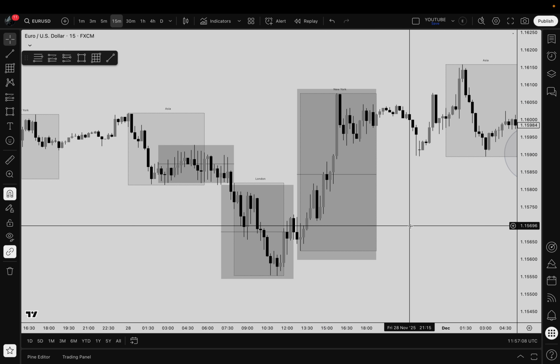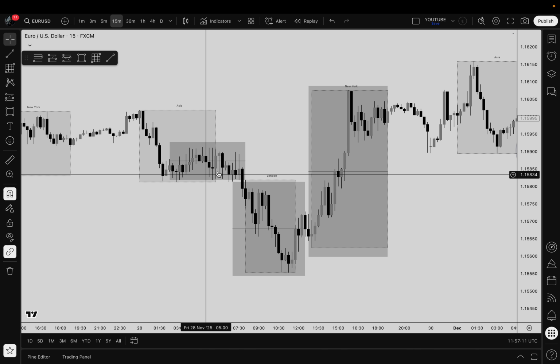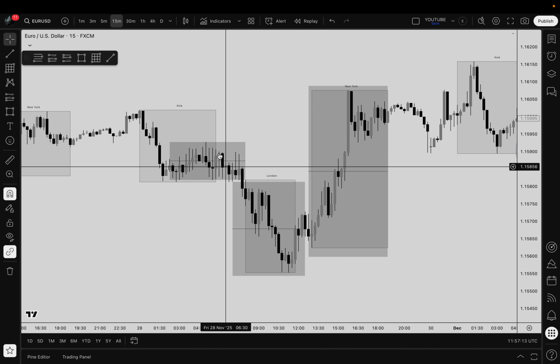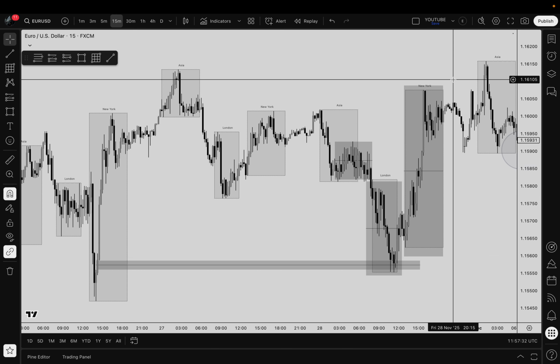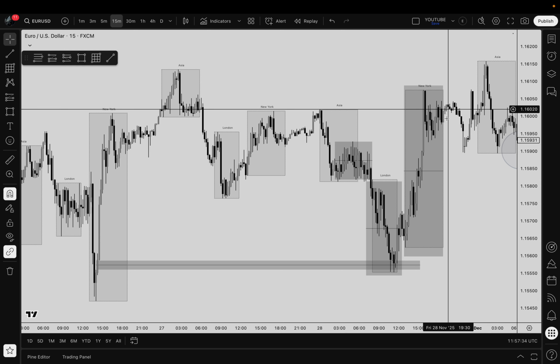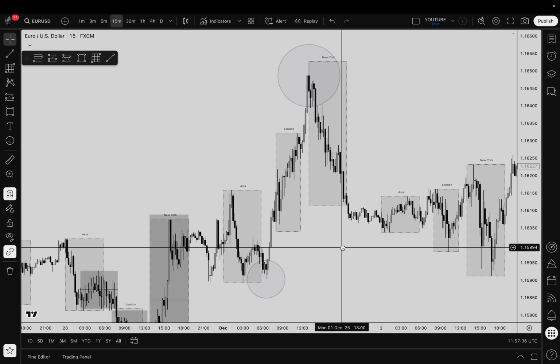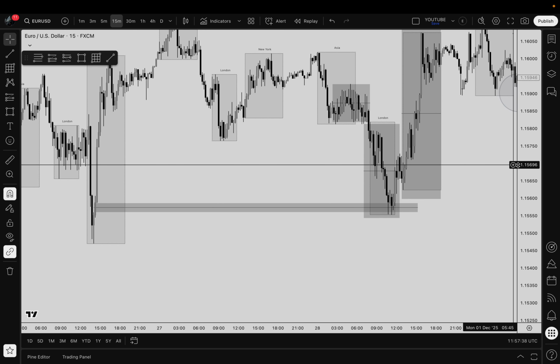Okay, so after accumulation has happened, we always expect a manipulation to maybe a POI or somewhere. In this case, we've got some imbalance down here, which I will mark out, which I will go through also. Had some imbalance here, and then we've taken off from here to distribute, okay, and continue the trend in which we want to continue after, which is a bullish trend, as you can see, and we marked out before.